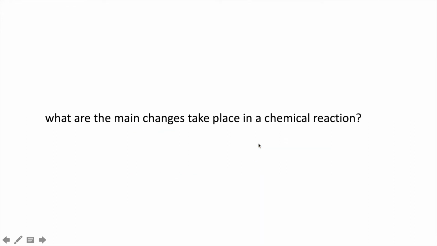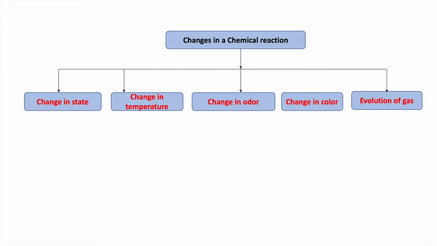What are the main changes that take place in a chemical reaction? What are the most observable changes? Easily we can observe what changes take place in a chemical reaction, and that we are going to discuss now. The first one is change in state, then change in temperature, change in odor, change in color, and finally evolution of gas.